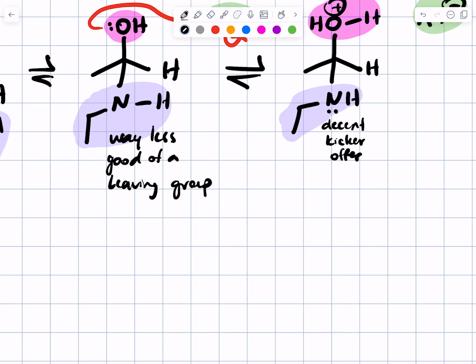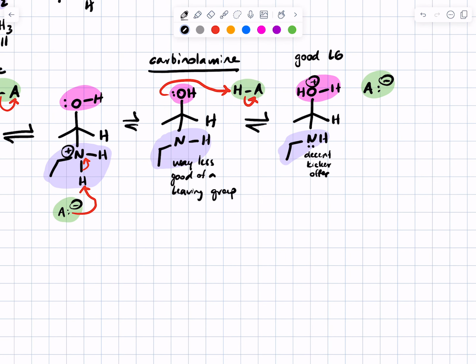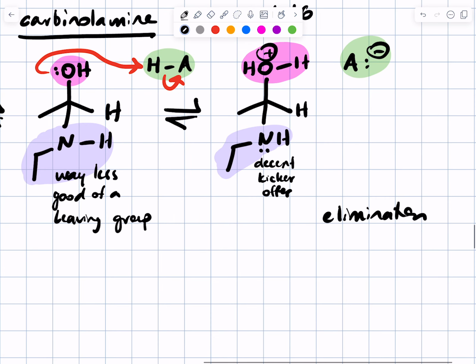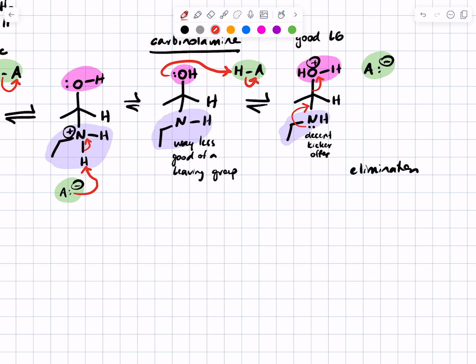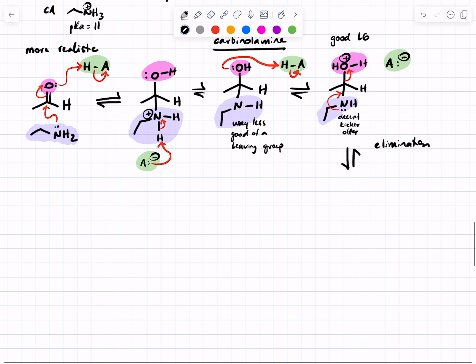So even though the players are different, what we're going to do next is an elimination step like we saw before in the previous chapter in carbonyl chemistry. Anytime you have a decent leaving group on the carbon, lone pairs on the adjacent atom can kick down and the leaving group can leave. So I'll draw the arrow this way, and here is water after it left, and then here is the nitrogen.